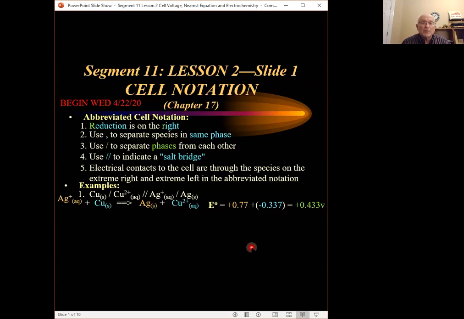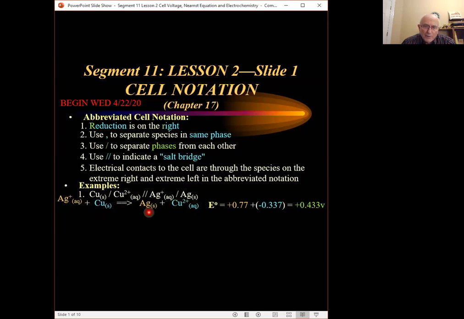Now let's remember what we talked about a long time ago about standard states. The metals, their elements, are in their natural native state, so their oxidation numbers are 0. And in the ion, for example, copper goes to +2 and silver ion would be reduced to silver metal in this reaction.